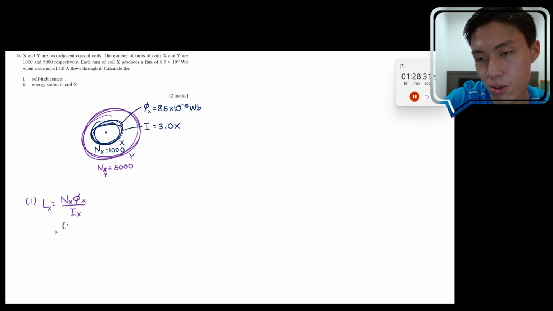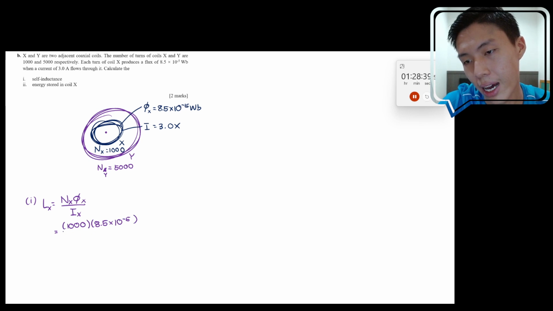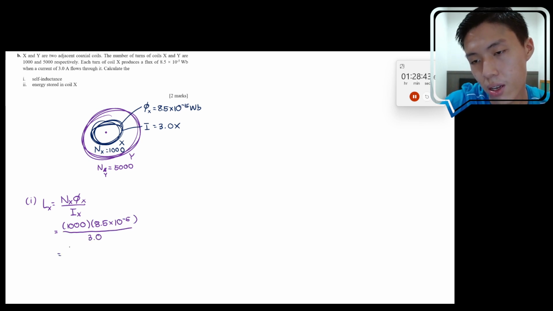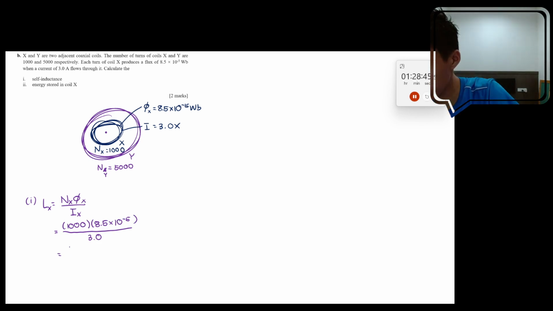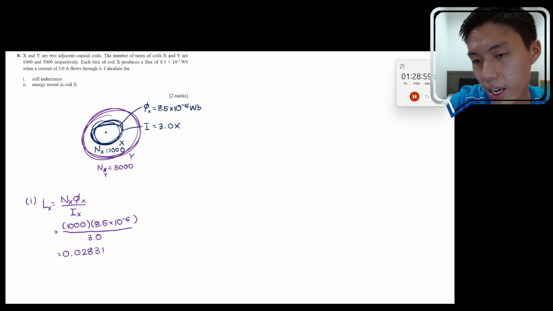So Nx is 1000, phi x is 8.5 times 10 to the power of negative 5, Ix over here is 3. Let's put it in. You get 0.0283. The unit for inductance will be Henry.